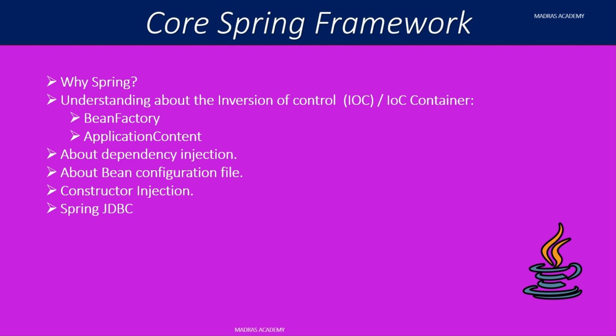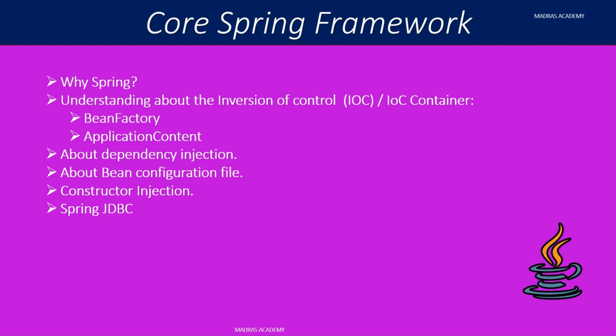And here you are going to understand about IOC, that is inversion of control or inversion container. Okay, and here we have two types of container. One is bean factory and the other is application context. Why we are using this and how to implement it in our program, everything we will see.